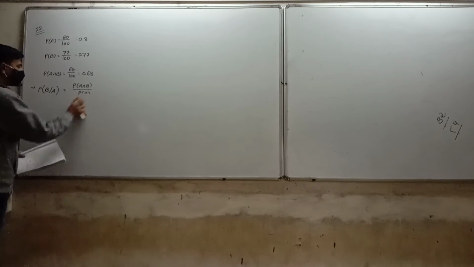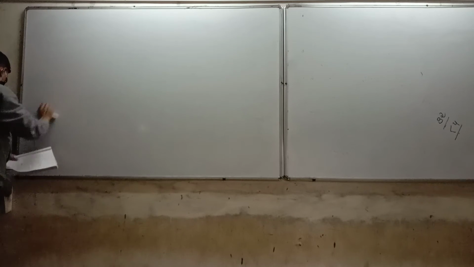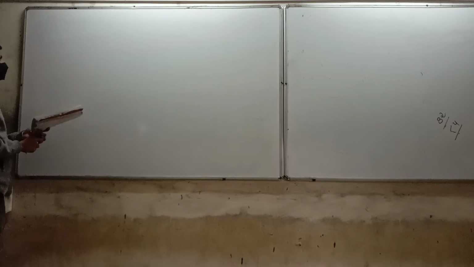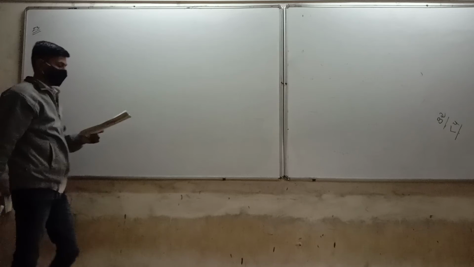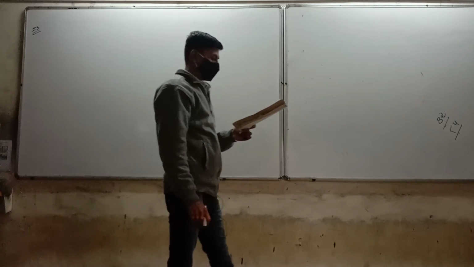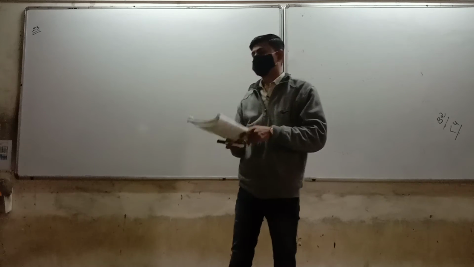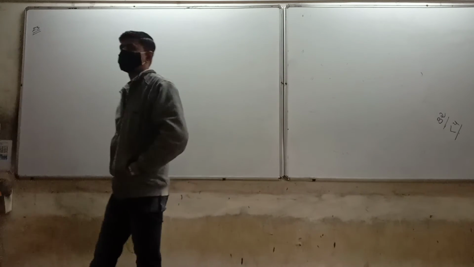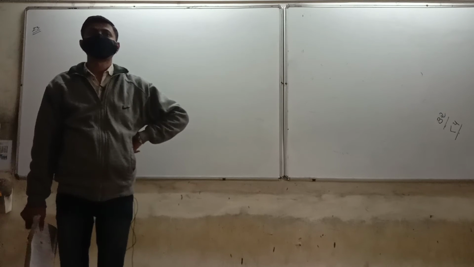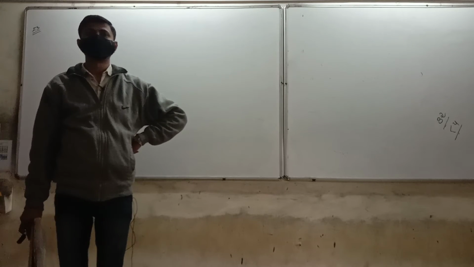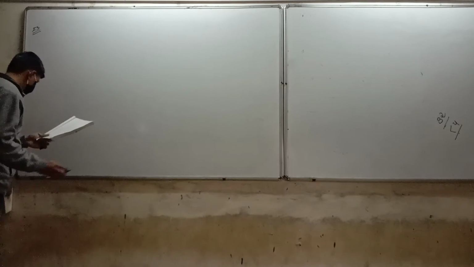Event A is equal to rain on Thursday. Direct write down rain on Thursday. New line, P of A is equal to 0.8.